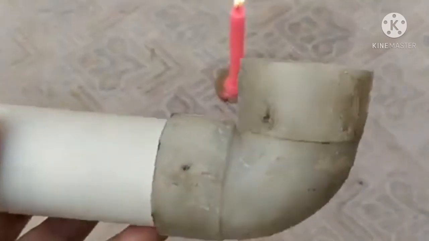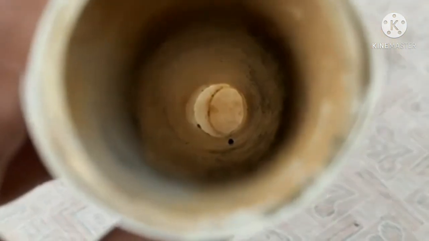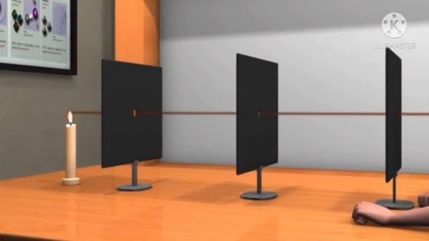Now bend the pipe a little and try to see the flame. We can observe that the candle flame can be seen through the straight pipe. The candle flame cannot be seen when the pipe is bent. From this experiment, we can understand that light travels in straight lines.